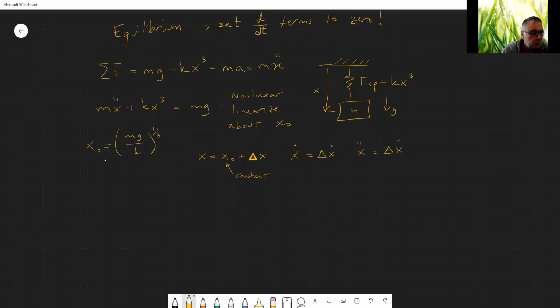Now you have the x cubed term in this equation. We will expand this in Taylor series. x cubed would be, what will we do? d by dx.